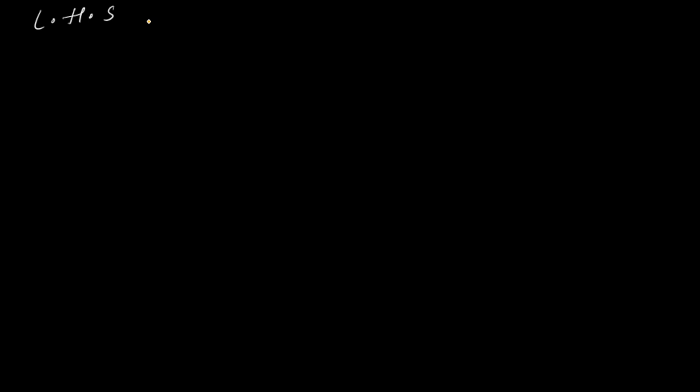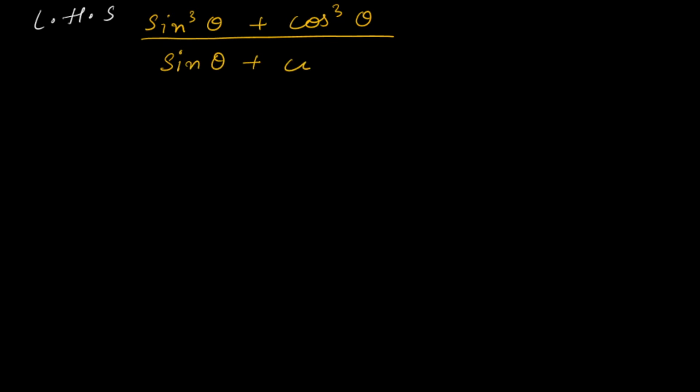So what we have to prove, left hand side I am taking. Left hand side is equal to sine cube theta plus cos cube theta by sine theta plus cos theta, plus sine theta into cos theta. This we have to prove equal to 1.